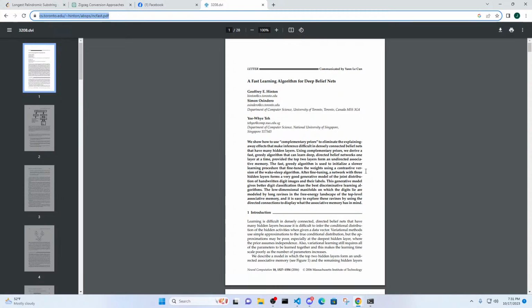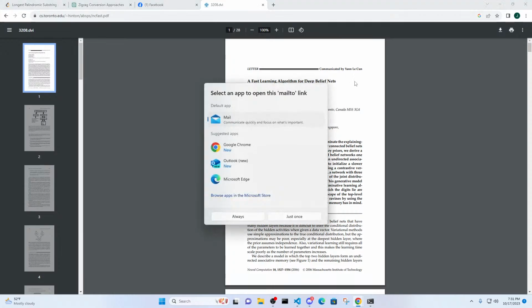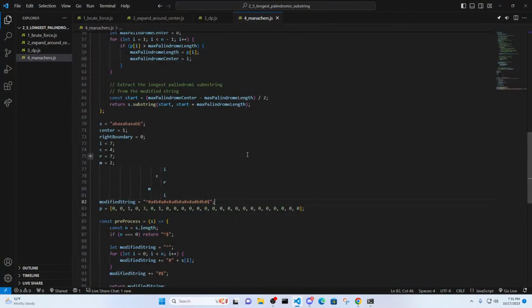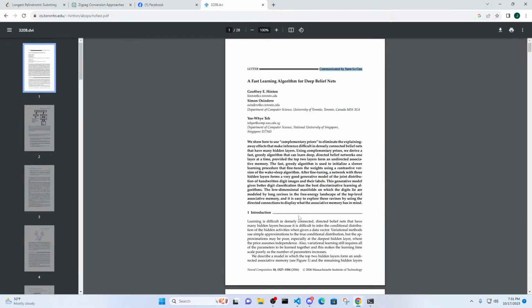Whenever they mention a scholarly article in the book, I'm actually going to take the time to read it and break this down the same way that I break down the dynamic programming algorithm and Manacher's algorithm. I actually want to take my time and understand this stuff on a deep level. I don't want to rush through stuff anymore, because when you rush, you don't really understand it on a deep level.